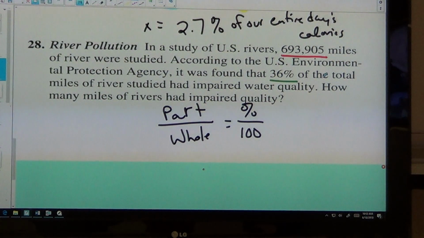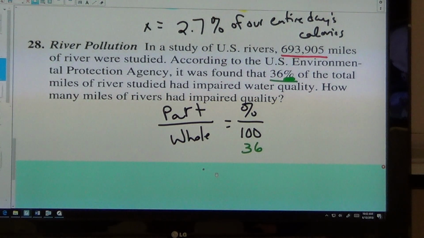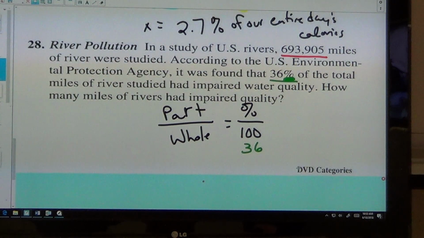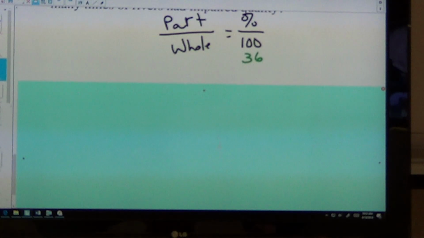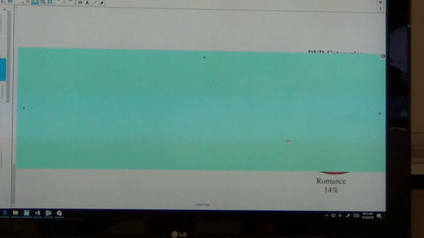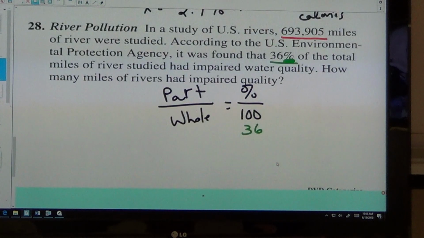On top of the 100. 36 is going to be my percent, because 36 has a percent behind it. So it's going to go in the percent column, or spot. 100 is always under the percent.